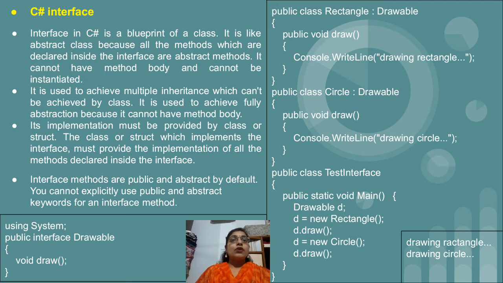Now in this example, just see, we created the interface Drawable, and in front of that we have used the public keyword. But inside the interface we have declared one method, that is void draw, and before void draw we have not written public.